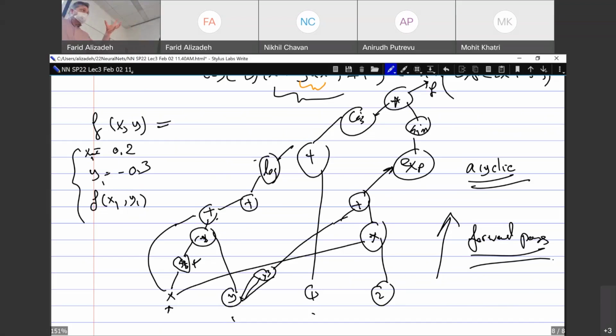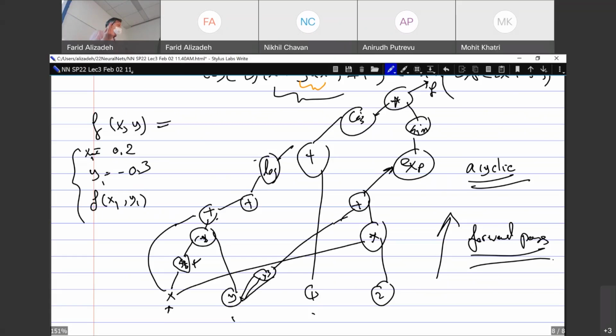The neural network itself is actually the computation graph, right? You have X's, a bunch of W's, multiplied, you get the Z's, then you apply the activation. If you draw it, the neural network is actually the computation graph, except that it goes from left to right as opposed to bottom to top. Okay, so we have the forward pass.